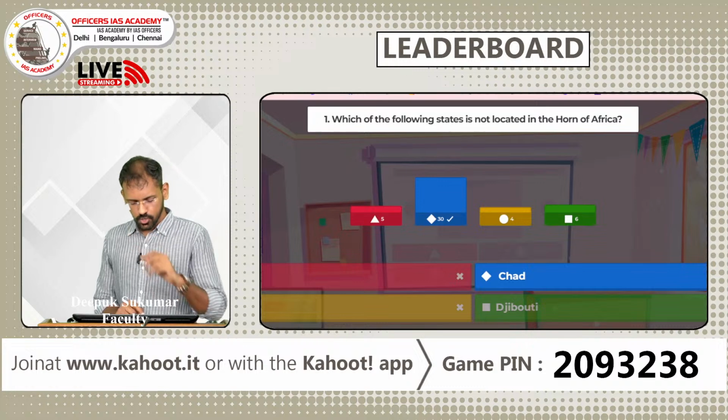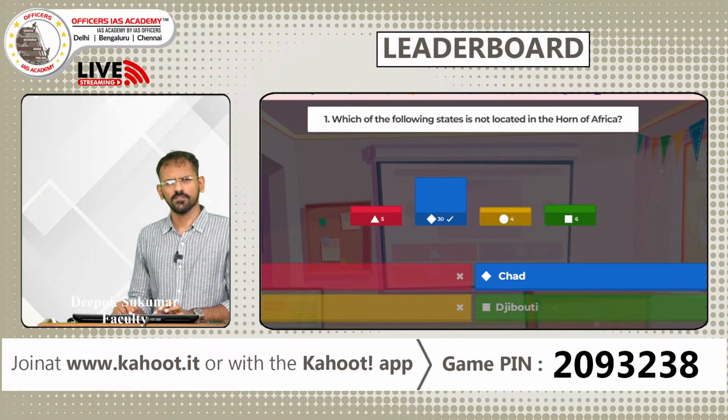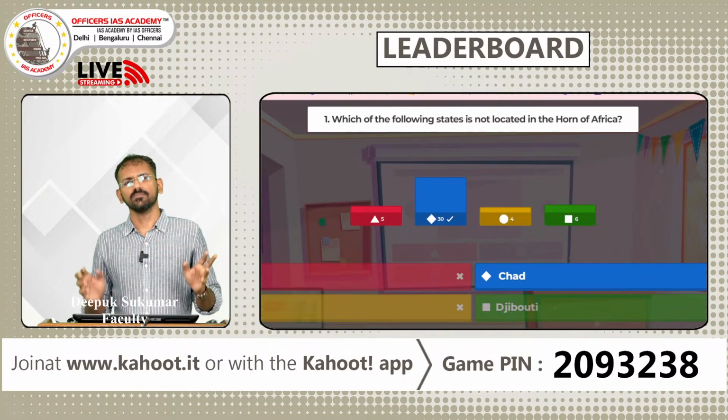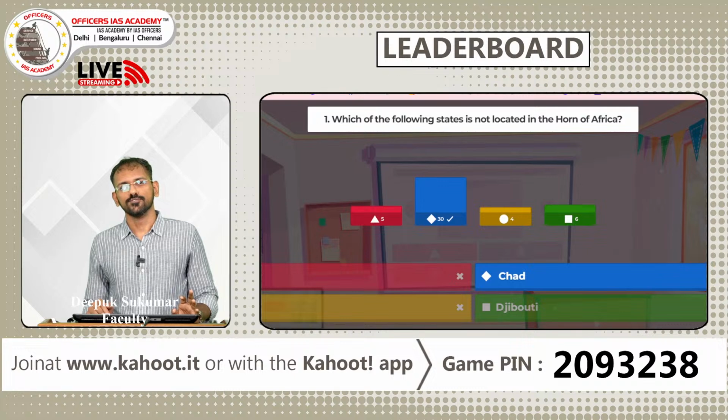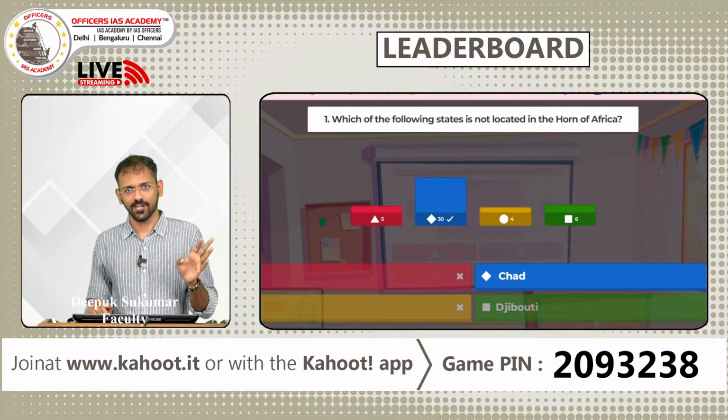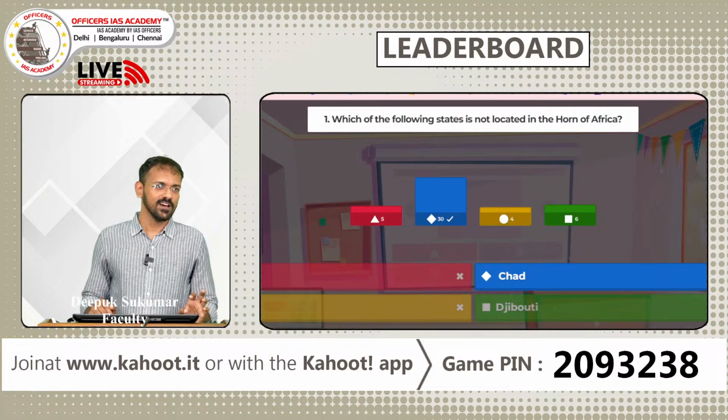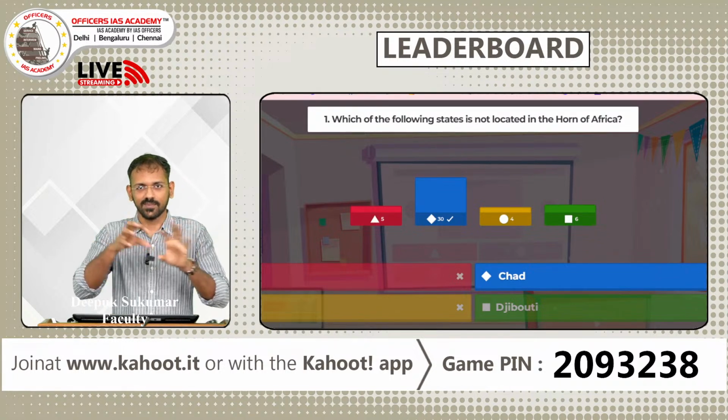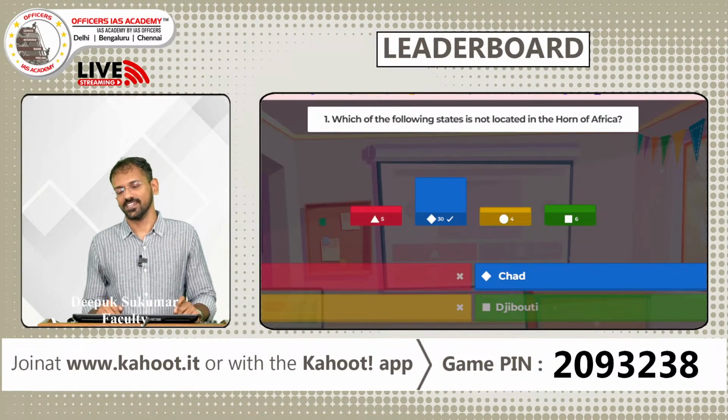Fantastic. So, Horn of Africa. This region has been in the news for a very, very long time. And every time it is in the news, it is for a set of common reasons, and there are some unique reasons that come every now and then.